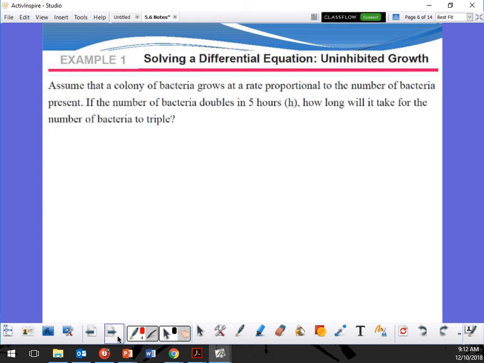But if the number of bacteria doubles, what does that give me? I don't have a number. However many there are is going to double. So what could I actually say given that information?